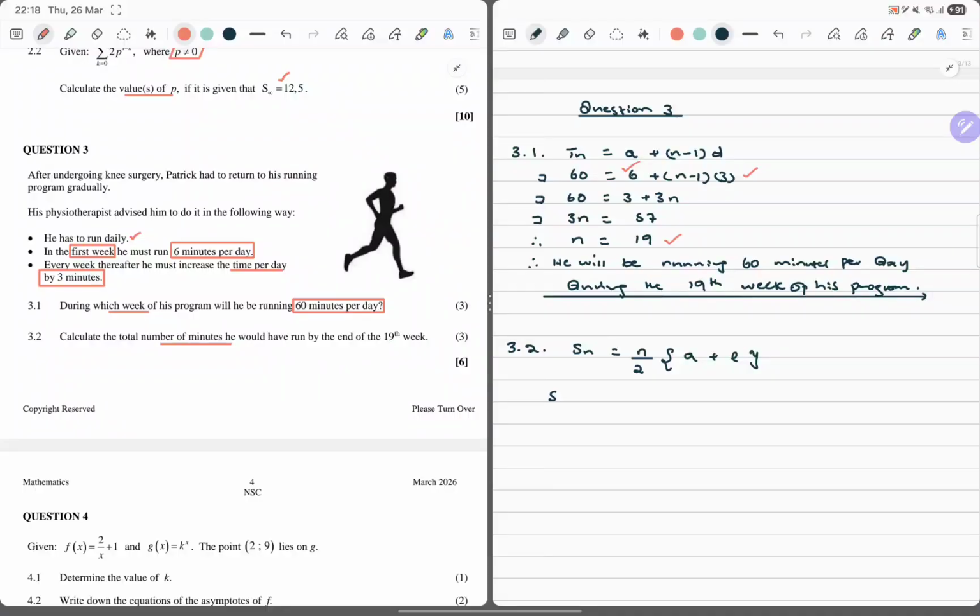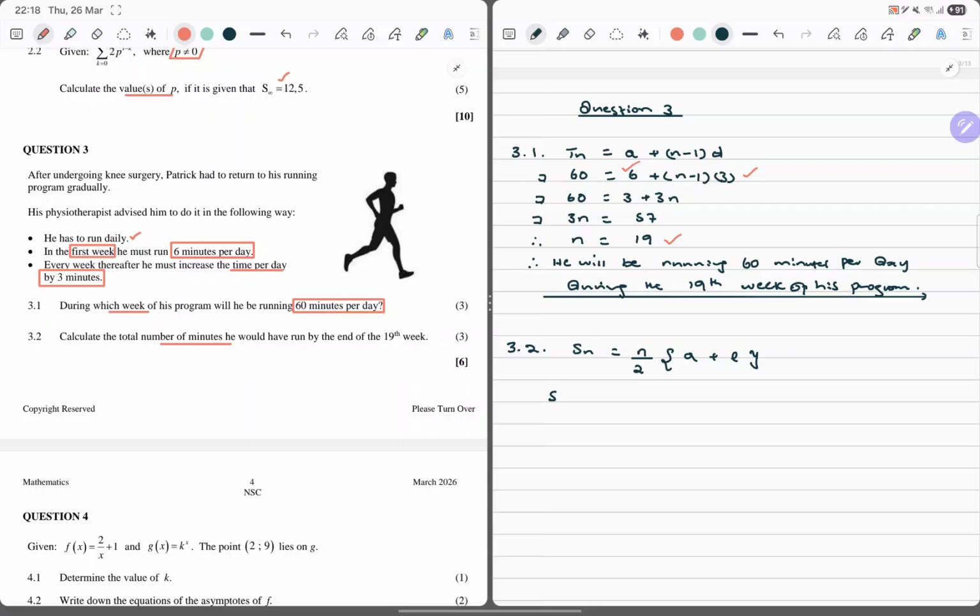Remember, the 19th week has how many days? Well, 7 days, because a week is 7 days, isn't it? Okay, so we need to be careful here on how we're going to do this. We need to be very careful. Of course, this sequence is somewhat repetitive.